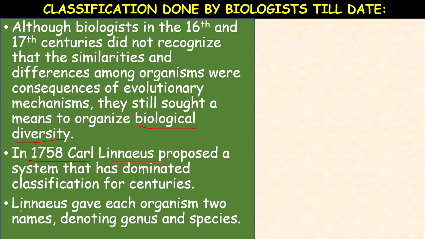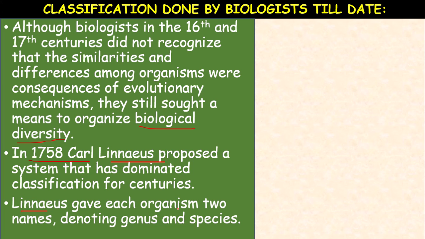Linnaeus gave each organism two names, denoting genus and species. Actually, in 1751 itself, Linnaeus coined the term systematics.